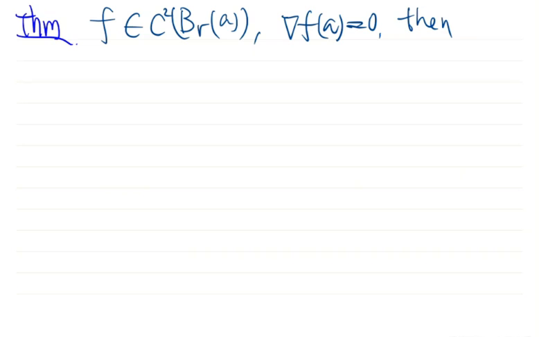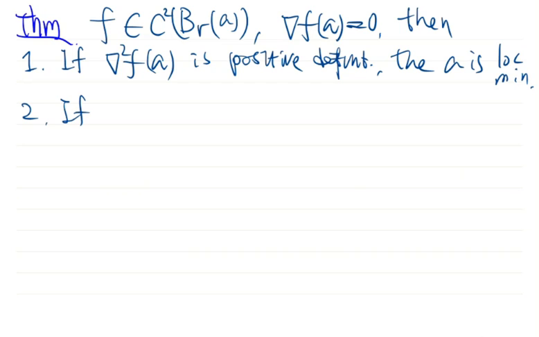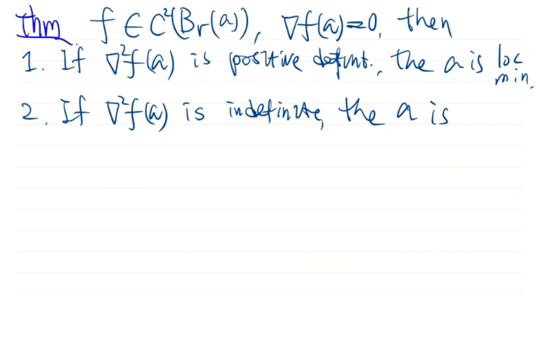The conclusion is that, first, if the Hessian of f at point A is positive definite, then A is a local minimizer. The second, if the Hessian is indefinite, then A is not an extreme point.